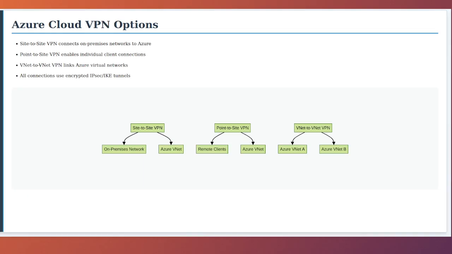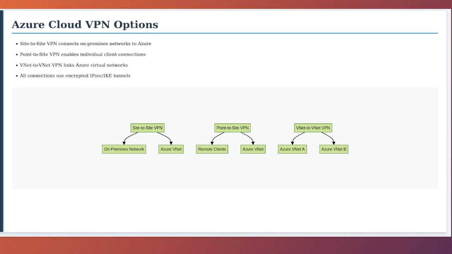The diagram on the slide illustrates the three primary VPN connectivity patterns in Azure. At the top level, you will see Site-to-Site VPN, which represents connections from on-premises data centers to Azure virtual networks through VPN Gateway. In the middle, point-to-site VPN shows individual clients, such as remote workers, connecting to Azure resources.